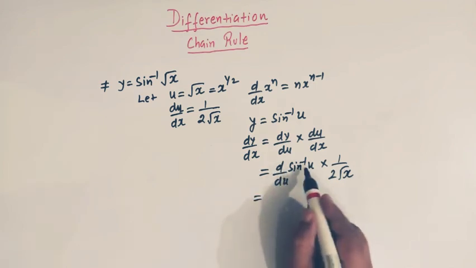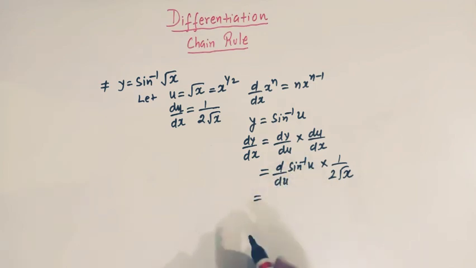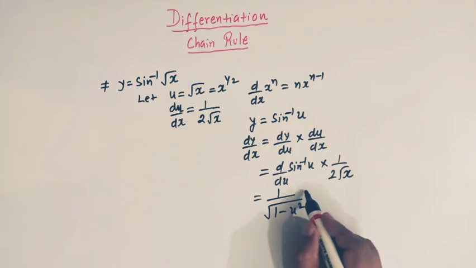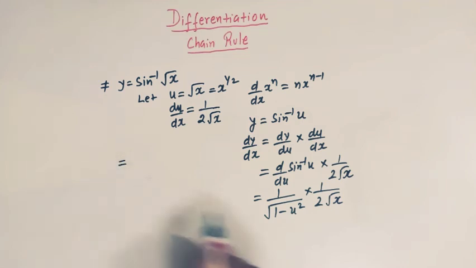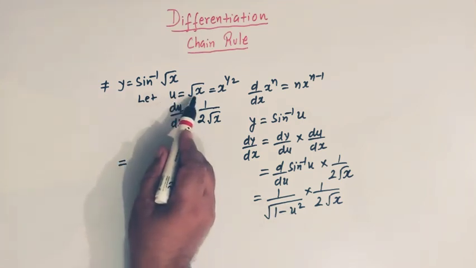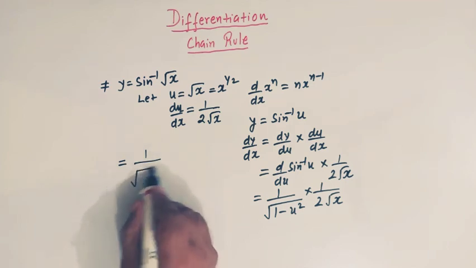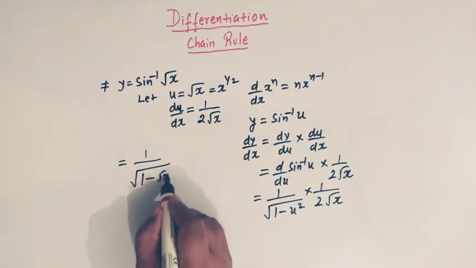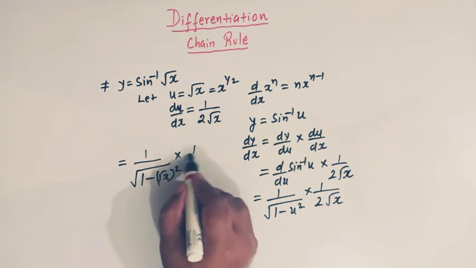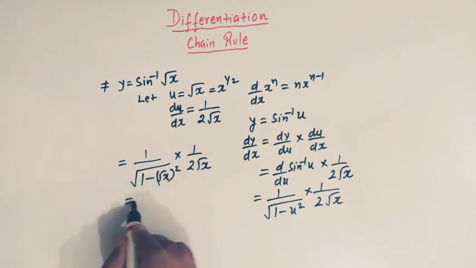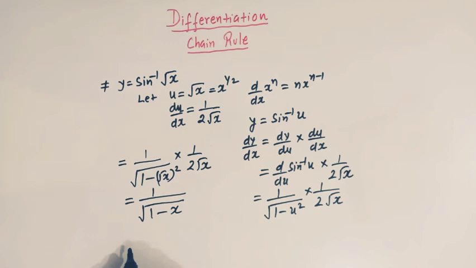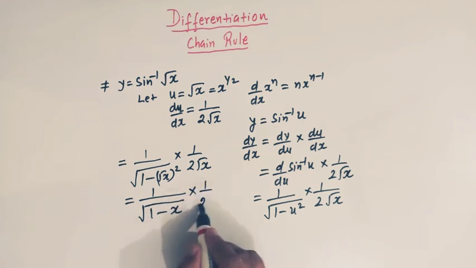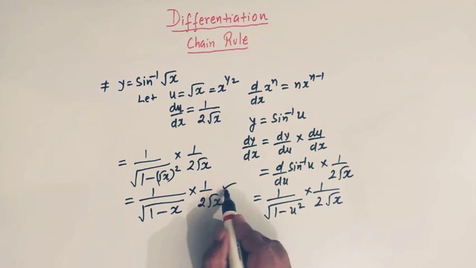The derivative of sine inverse u with respect to u is 1 over square root of 1 minus u square, and here we have 1 over 2 times root x, and for u we can write root x. So this is 1 over square root of 1 minus (root x) square, times 1 over 2 root x, and this is equal to 1 over square root of 1 minus x, times 1 over 2 root x. So this is the required derivative.